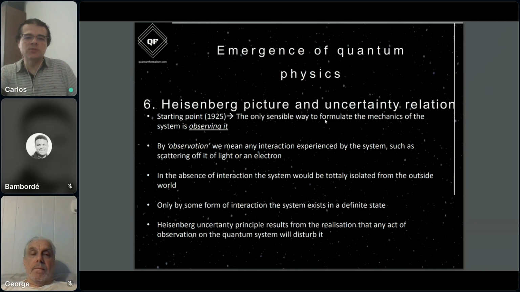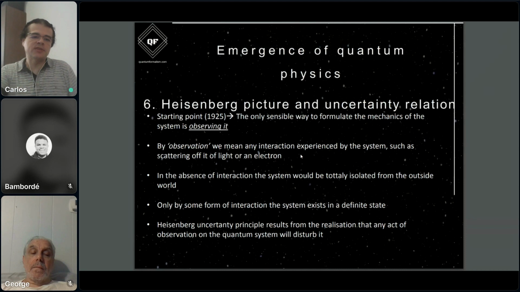The only sensible way to formulate the mechanics of a system is by observing it. And by observation, we mean any interaction experienced by the system, such as a scattering of light or electrons and so on.